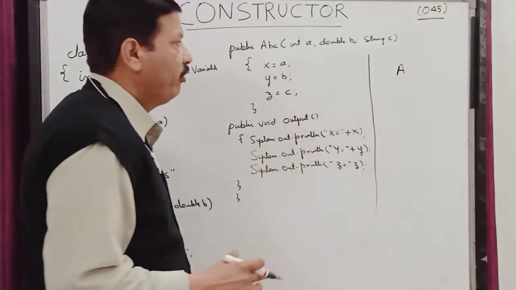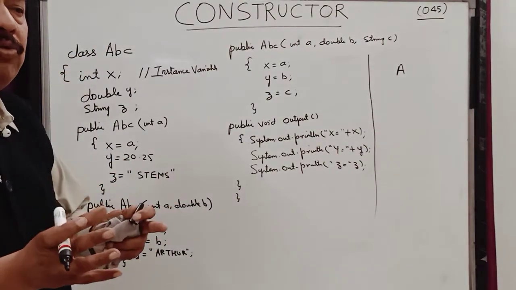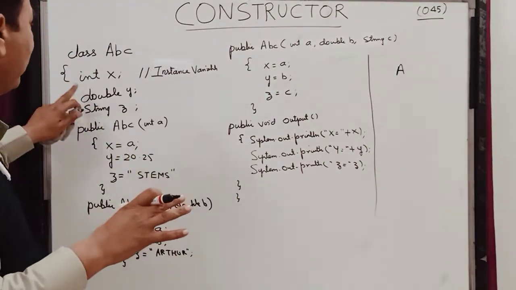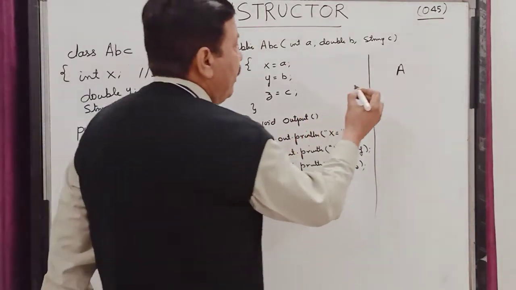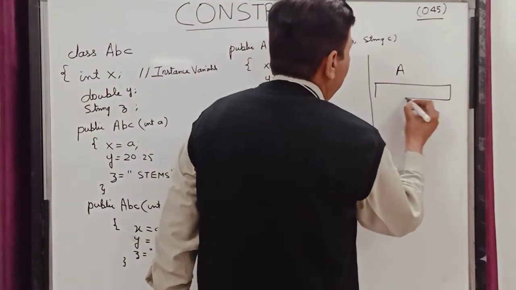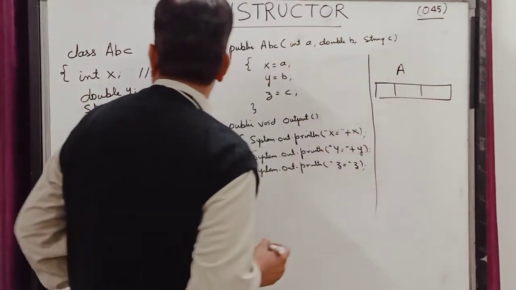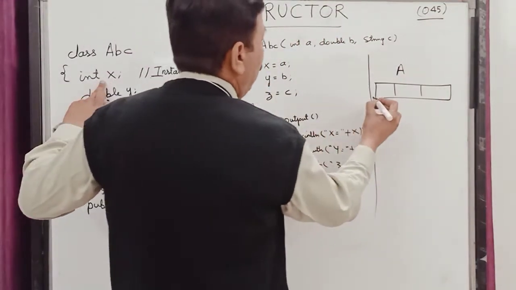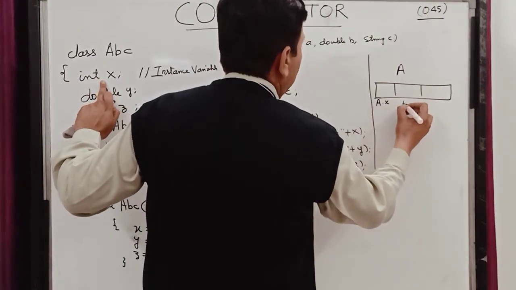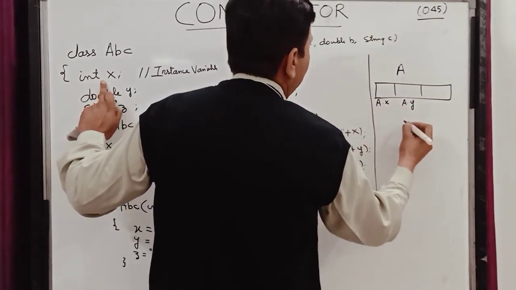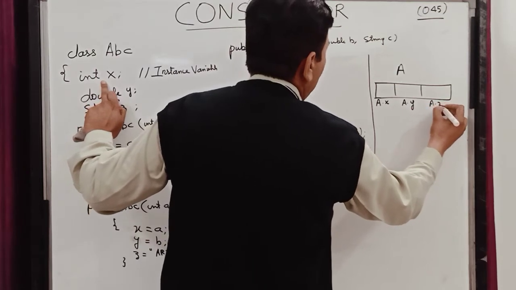So when this object A is created, it is going to have three instance variables within this object. For this object they will be called a dot x, a dot y and a dot z.